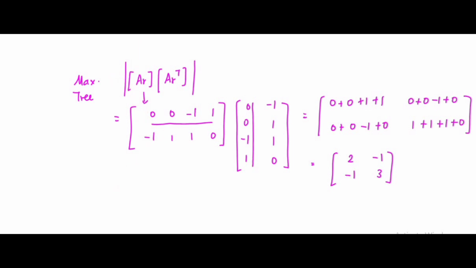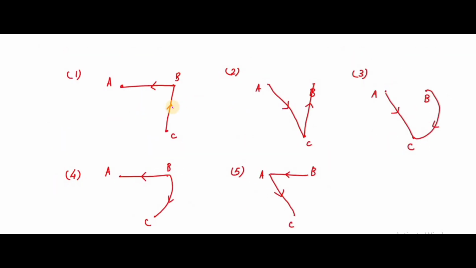The determinant is 6 minus 1, that is 5. You can cross check with the diagram I have already drawn. The 5 is matching: totally 5 trees are there, so here also I have verified this.